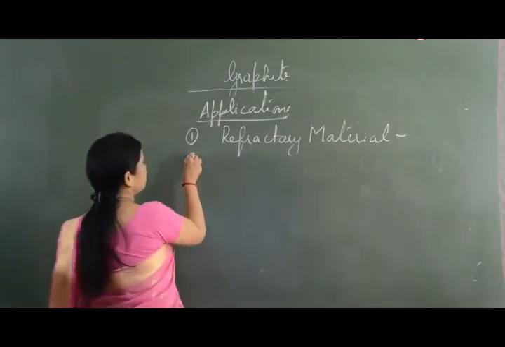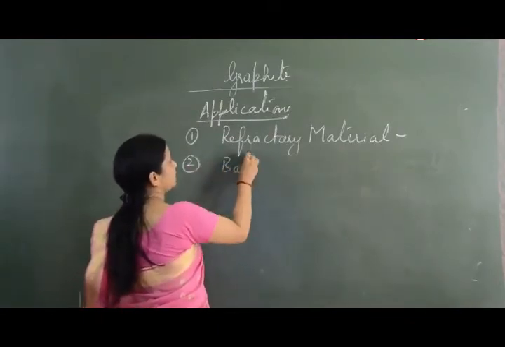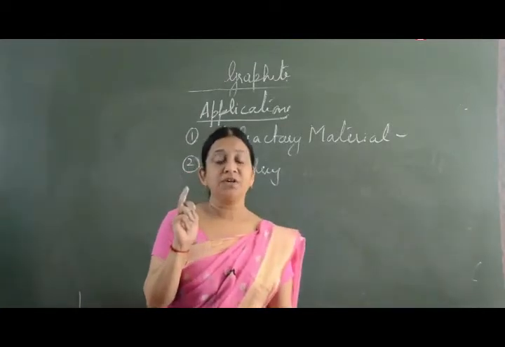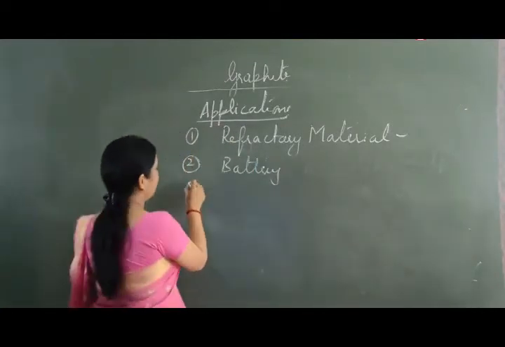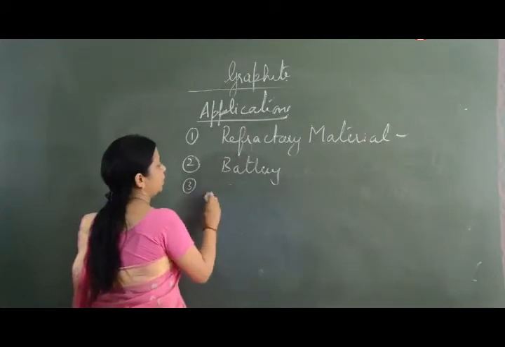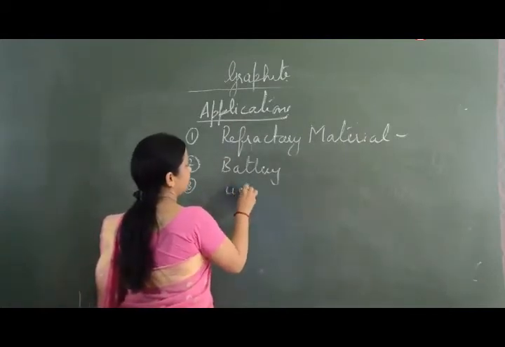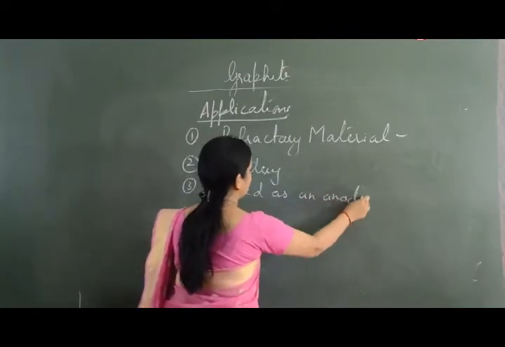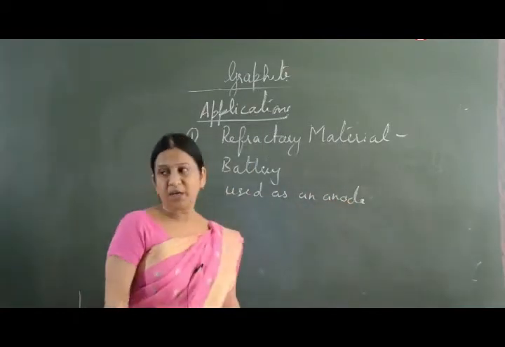The second application is that it is used in batteries. In a battery we use crystalline graphite, which can be used as an anode. This is another important application of graphite.